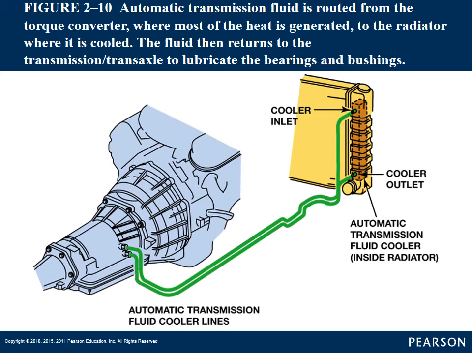Some vehicles will have a heater that actually helps heat the fluid in the line, but many of them will have a temperature controlled valve and an external or auxiliary cooler, so it doesn't run through the radiator, that will actually keep the fluid from going through the cooler till the engine gets up to operating temperature.